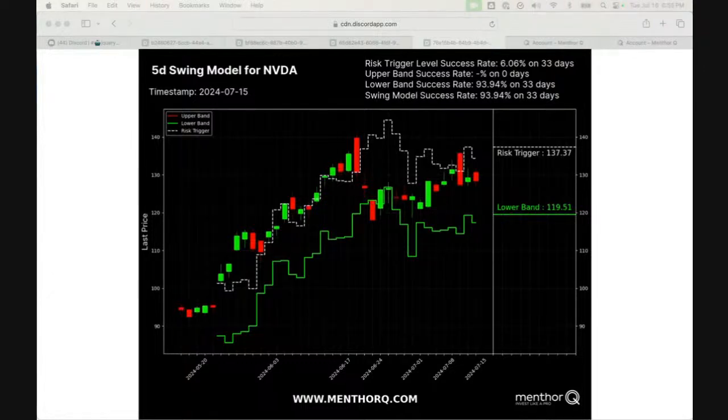I'm actually in some Nvidia long call debit spreads and butterflies. So this is telling us Nvidia shouldn't go down to 120 within the next week, give or take. Now let's look at a 20-day model of Nvidia, which takes us into the August expiration.